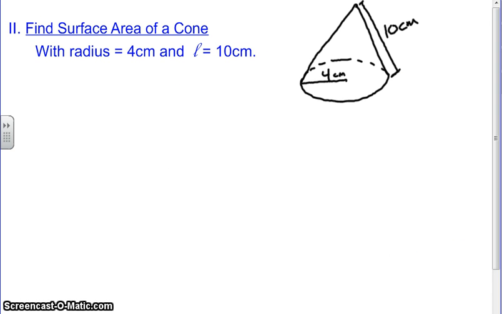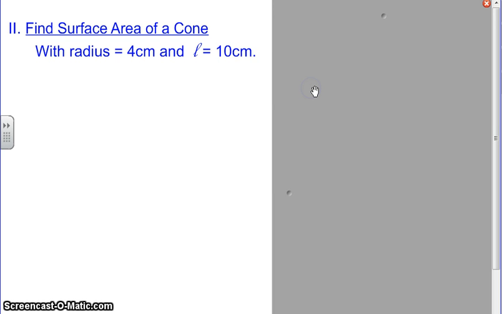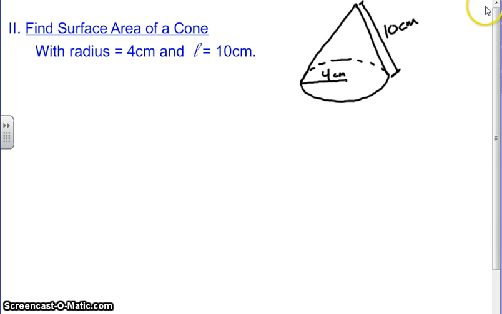We have a cone with a radius 4 and a slant height 10. Now, sometimes you will receive the information in an image like that and words both. Sometimes you'll receive the information just in words alone. When you do receive the information that way, you could go create this image, which helps in geometry to have in front of you.